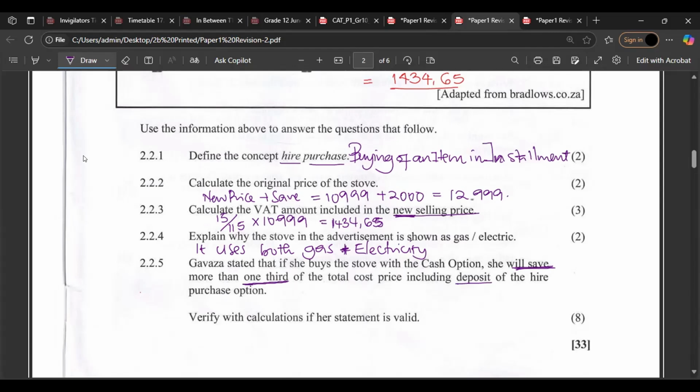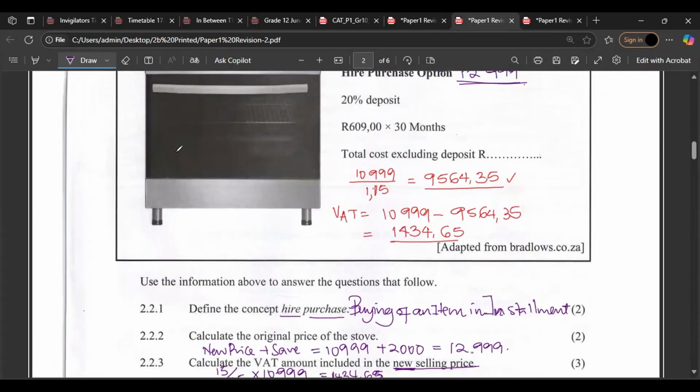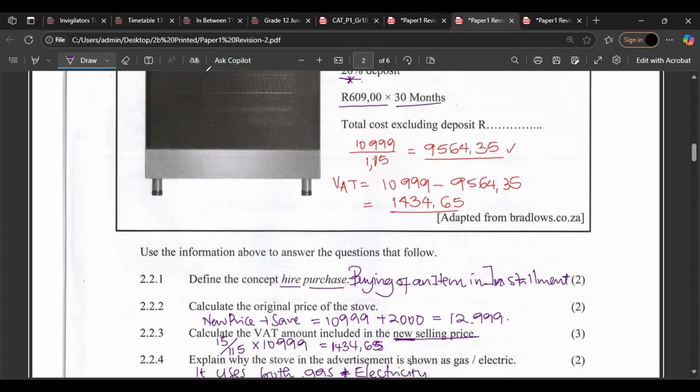What is it going to be? Remember, yes, okay, but this is a deposit. Do we know the deposit? We don't know it, but we know how much the person is going to pay every month, and for how long? 30 months. So we need to know how much is it plus the deposit.